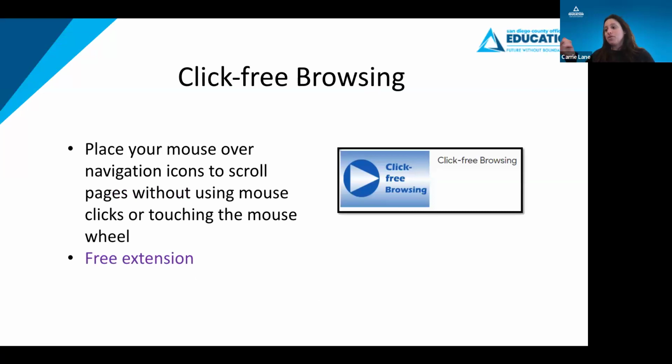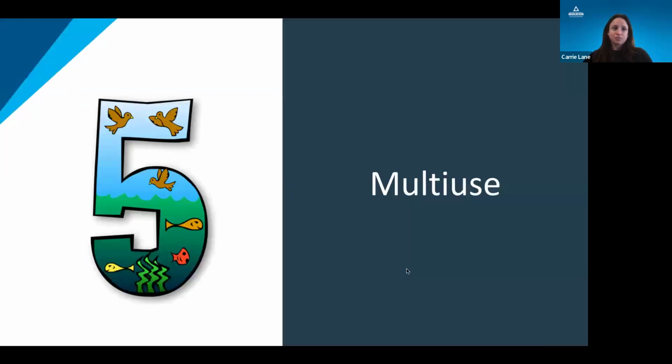So if, for example, you've injured your wrist and it's just hard to actually make the clicking motion, but it's okay to do the scrolling, you can use these to hover over and do all of the things you might want to do, click into links, scroll up and down, just by hovering your mouse, so kind of moving it back and forth, but not actually clicking in.